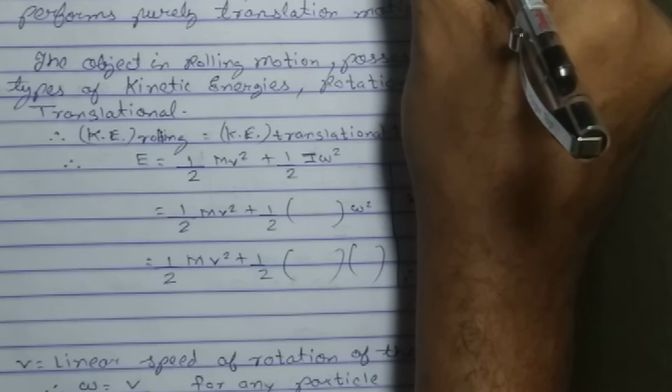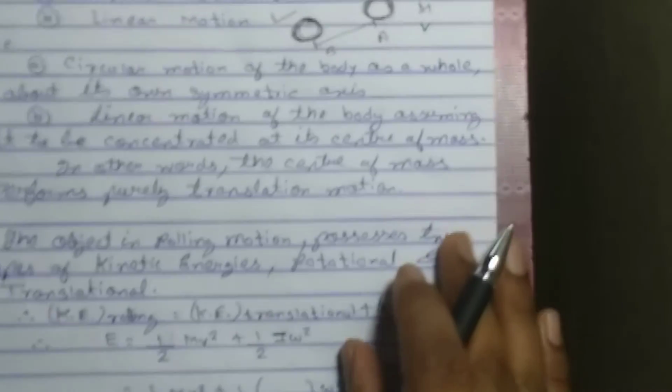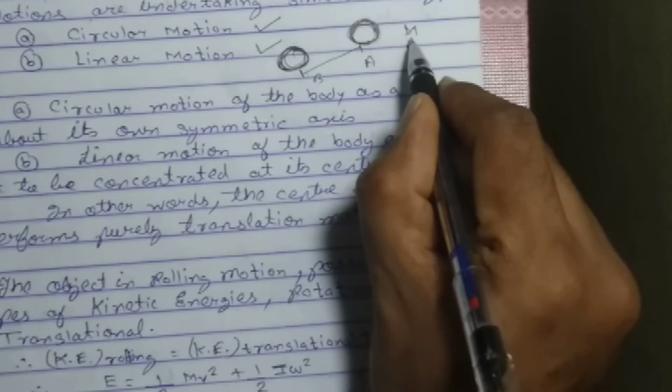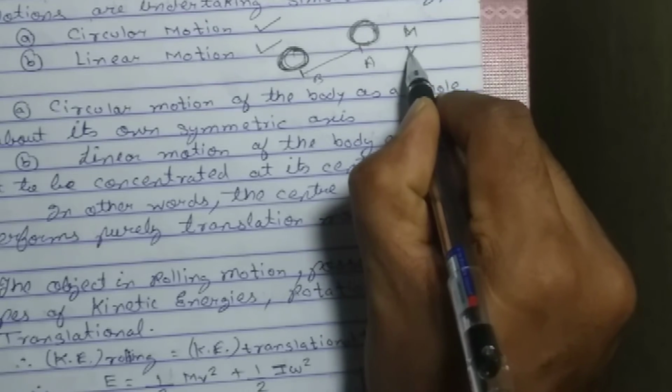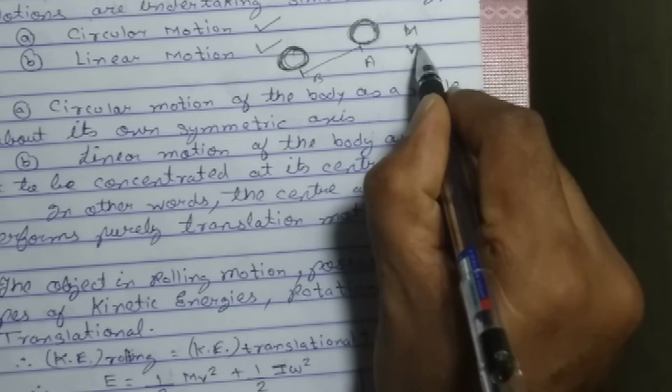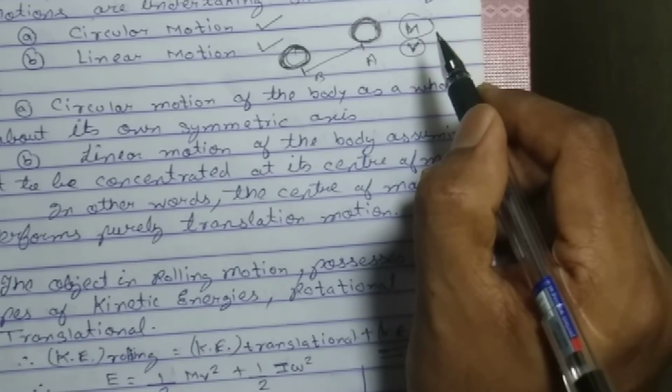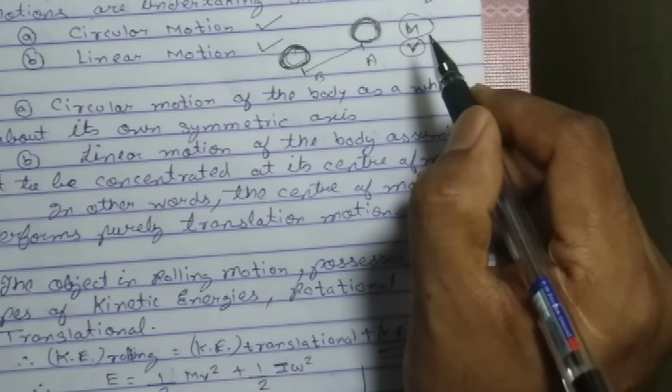Students, consider a body of mass m moving from one point to another point with a linear velocity v. What is the kinetic energy associated with the body? Students, half mv square.